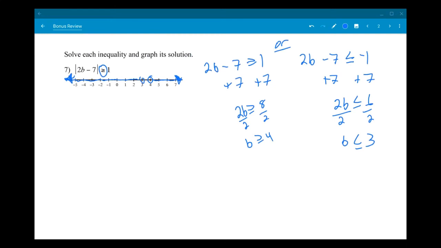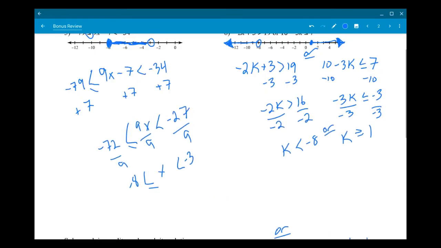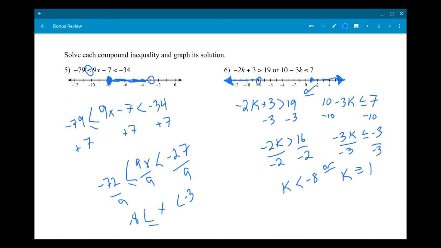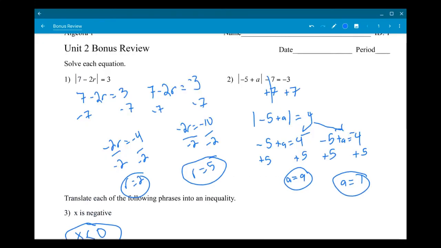Hopefully all this was good. A couple notes that I'm thinking of off the top of my head that might help you guys out. If we're looking at an absolute value equation, we should have 2 answers, and that's kind of important.